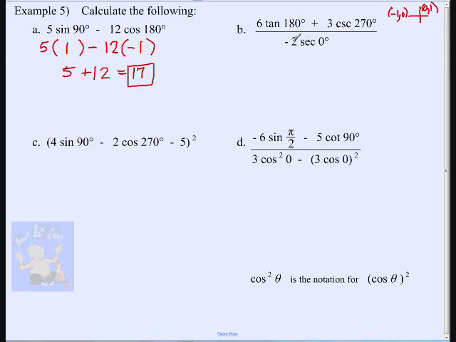How about this one? We're going to have 6 times the tangent of 180 plus 3 times the cosecant of 270 all over negative 2 times the secant of 0 degrees. All right, so 180 we were just looking at. Tangent, of course, is y over x. So that would be 0 over negative 1. That would be 0.